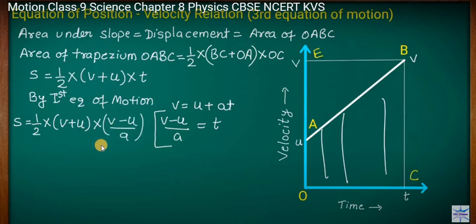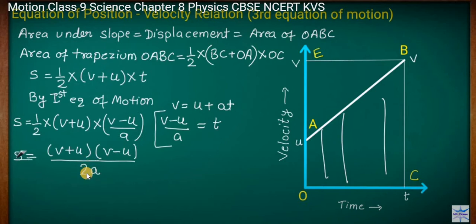Now we have to simplify this equation, so we get the third equation. So s is equal to, here we multiply this in the bracket, v plus u divided by 2, and v minus u divided by a. The 2 and a multiply with each other and we get 2a.